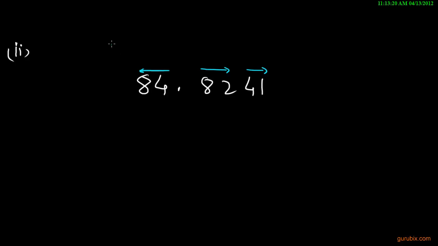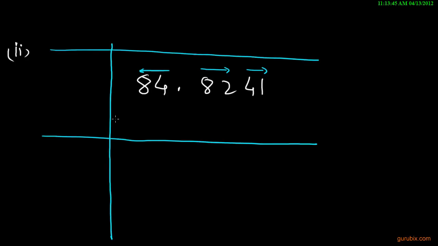Now we shall draw 2 lines here like this, and think of the largest natural number whose square is less than or equal to 84, and we observe that 9 is the largest number whose square is less than or equal to 84. If we multiply 9 with 9, we get 81, and if we subtract 81 from 84, we get 3.